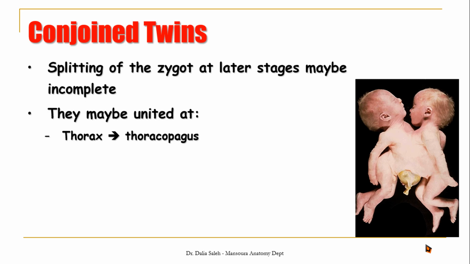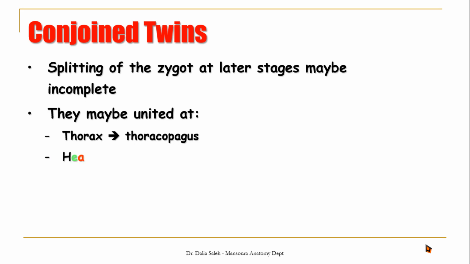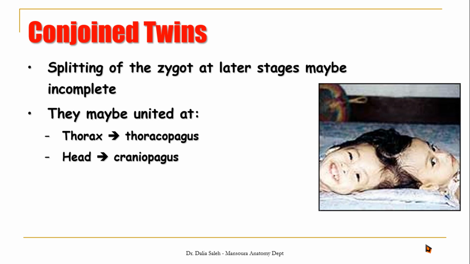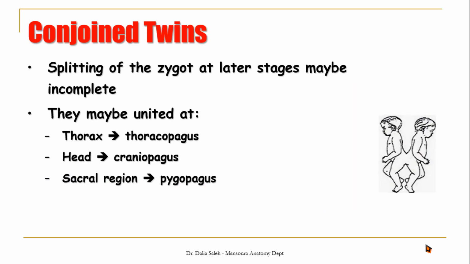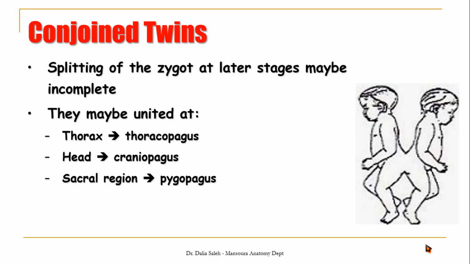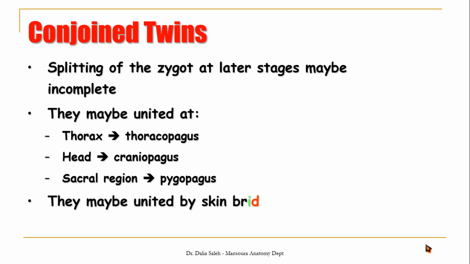If the fusion is at the thorax, we call it thoracopagus twins. If the fusion was at the head region, we call it craniopagus. If the fusion was at the sacral region, we call it pyopagus. The twins may be united to each other by a skin bridge or even share the same organs like the liver, the brain, or the heart.